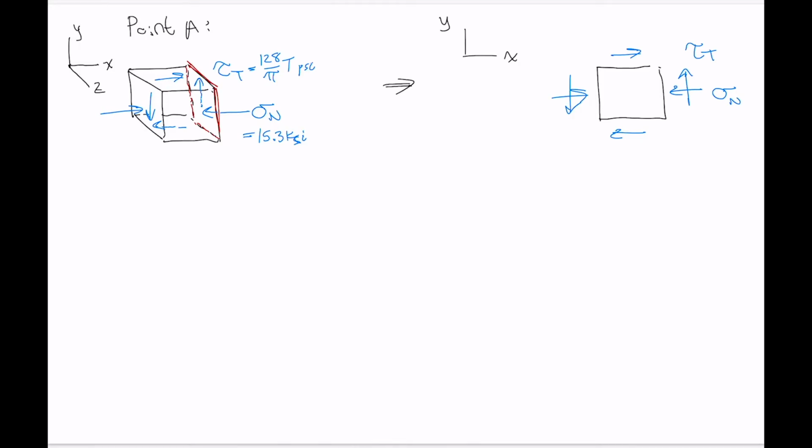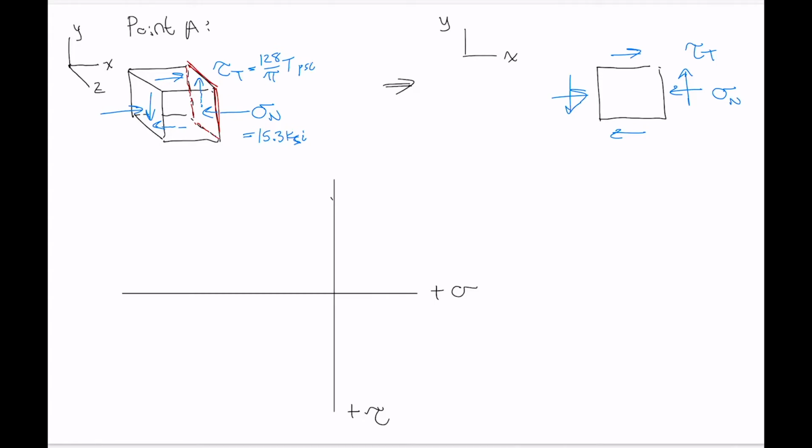All right, so now let's set up our axes for Mohr's circle here. So here we go. This is positive normal stress. This is positive shear stress there.